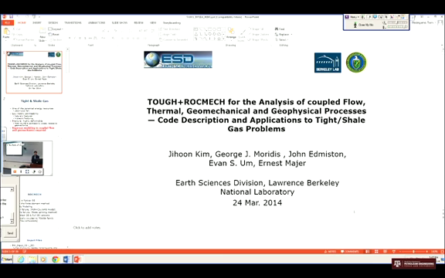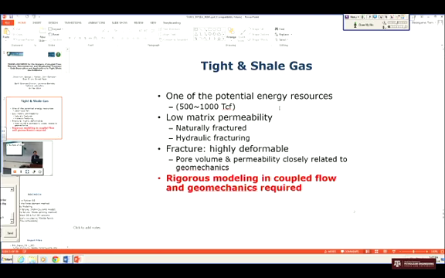Shale gas reservoirs exhibit extremely low permeability, so usually gas is produced from the naturally fractured or artificially fractured reservoir by using hydraulic fracturing. But the fracture is highly deformable, and its volume and permeability are closely related to the geomechanics, so we need rigorous modeling in coupled flow and geomechanics.